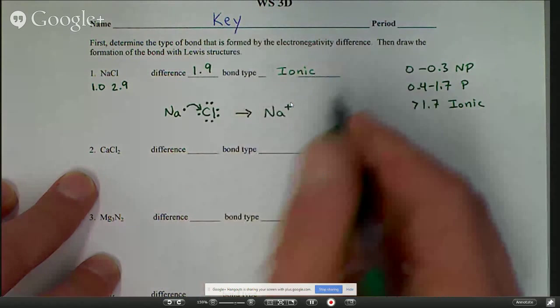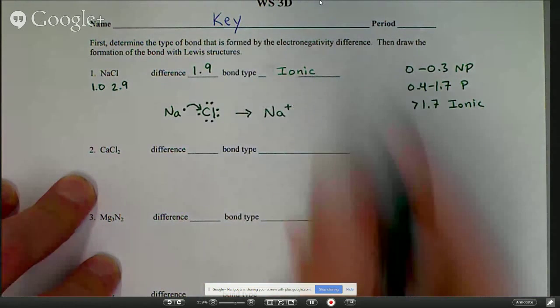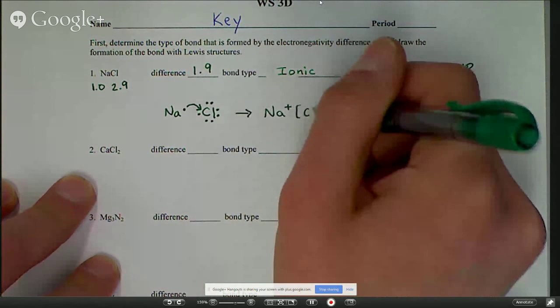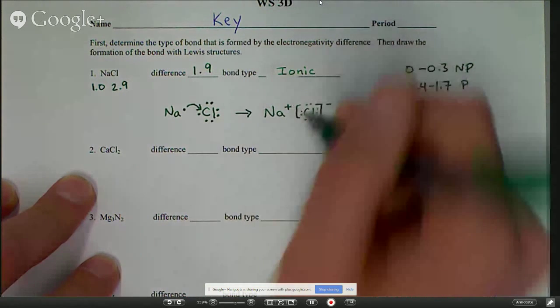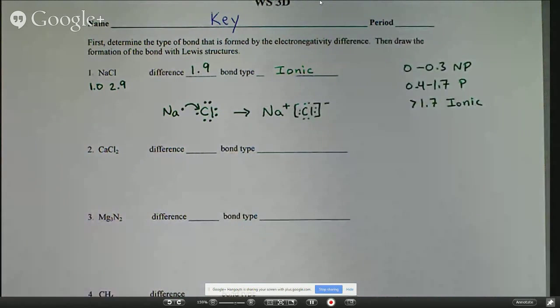Sodium with a plus charge, and then chlorine we put in brackets with the negative outside, and chlorine now has 8 valence electrons. So sodium has lost an electron to have an octet, if you will, like neon, and chlorine gains an electron to have its octet full so that it is like argon.